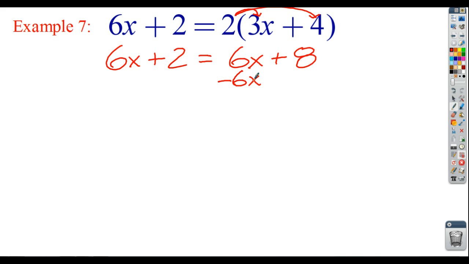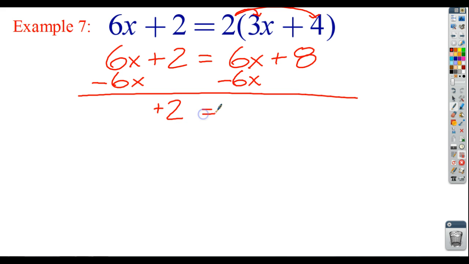We want to eliminate the x's from one side. So we'll follow our steps here, and I've got 6x minus 6x, well that's 0, so I'm going to be left with a positive 2. And I've got another 6x minus 6x, that's 0, and I'm left with positive 8.